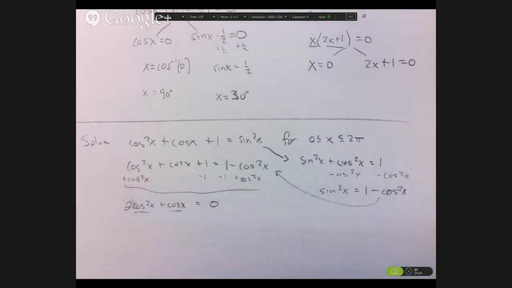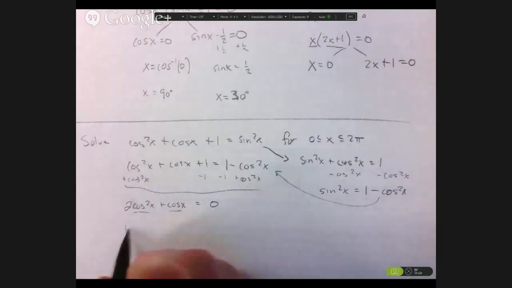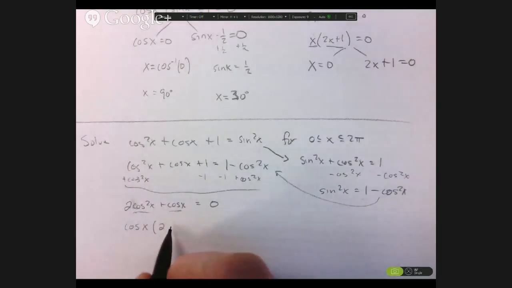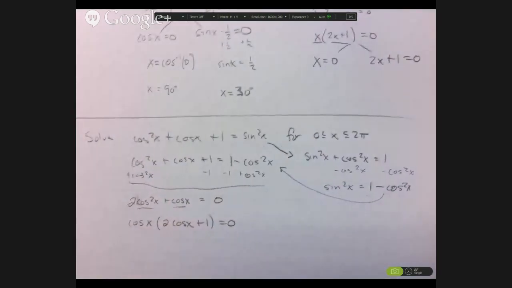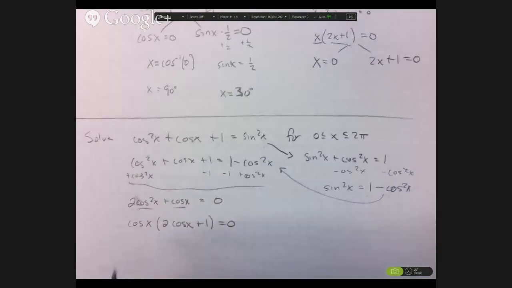What can I do then? Take it out of each one. Factor. And then, because I took a cosine out of here, that cosine divided by cosine is 1. Good question.